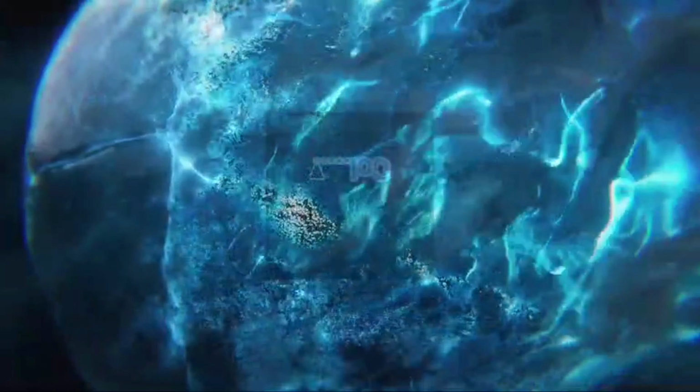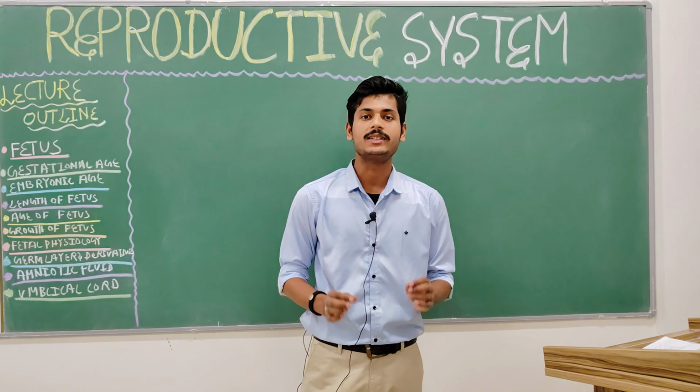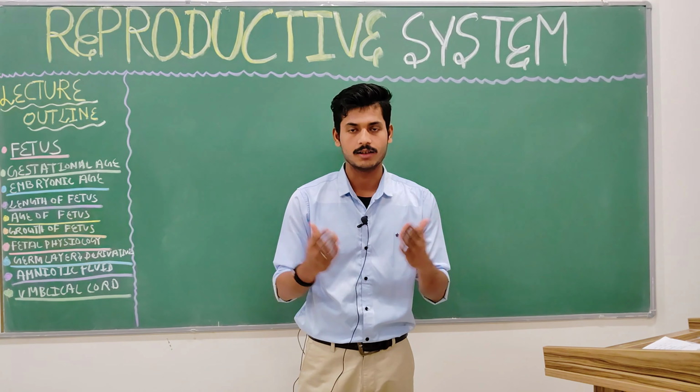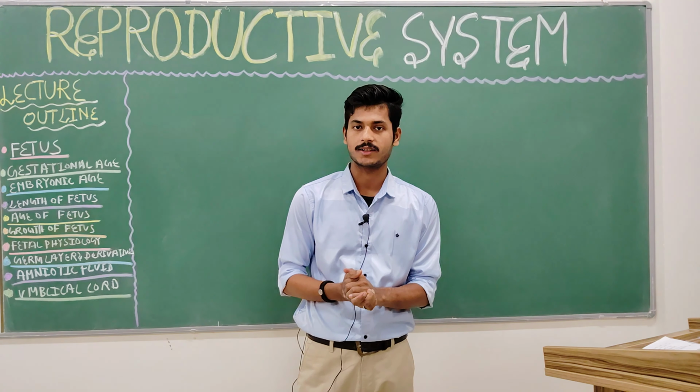We started a series of lectures on the reproductive system. Until now we studied the basic anatomy of the male and female reproductive systems. We also saw the functions of the reproductive parts and the major events occurring in the reproductive system of male and female.